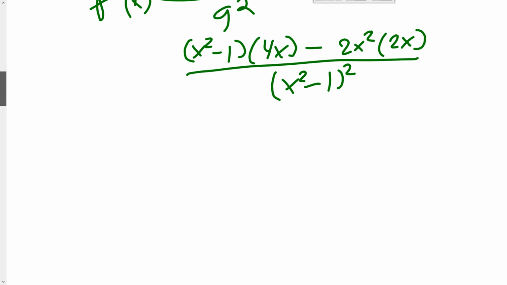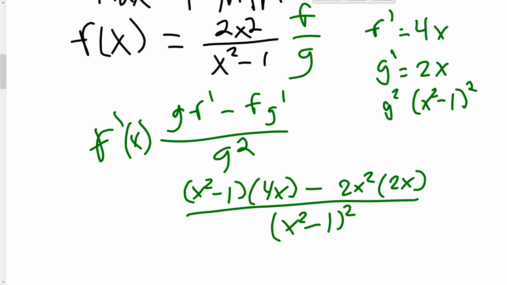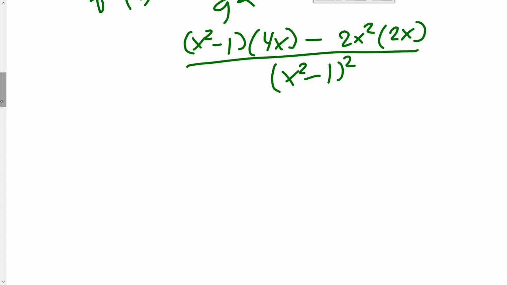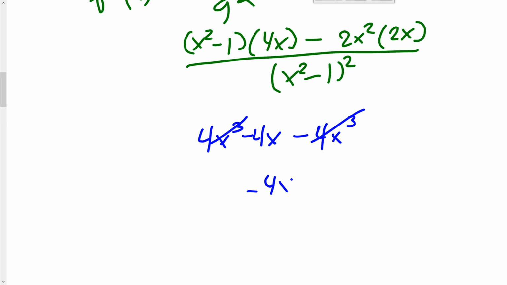We got to set this equal to 0. What's nice about this is that when we simplify here, we get 4x cubed minus 4x minus 4x cubed. These x cubes cancel out. So we get negative 4x over x squared minus 1.